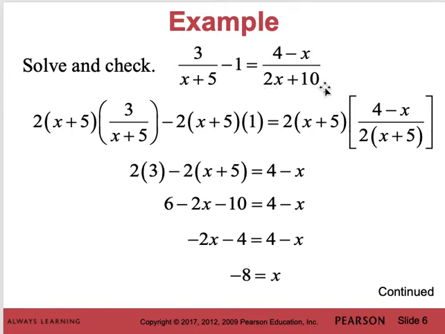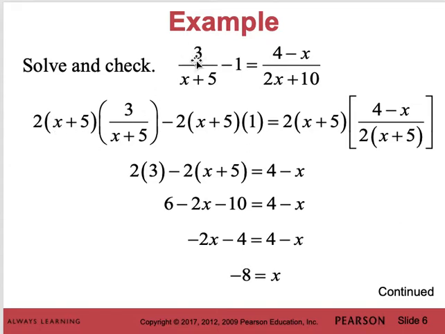If I simplify this further, I can factor out a 2, so I'm left with 2 times the quantity x plus 5. So we have 2 times the quantity x plus 5 being multiplied on both sides of our equation, of our equal sign.